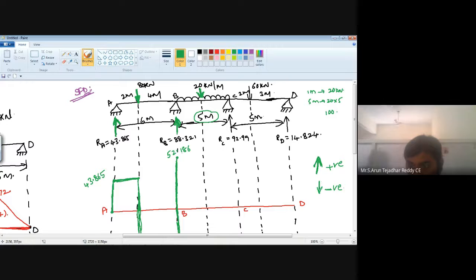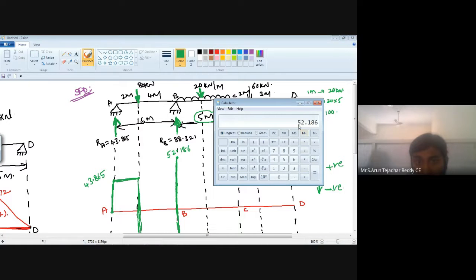What about our downward direction? Negative, minus. Okay. So whatever the value we are having previously, 52.186 minus 20 into 5, 100 equal to, what is the value? 47.814. Here we got minus value, so shear force diagram will get below the beam. Okay, minus 47.814.